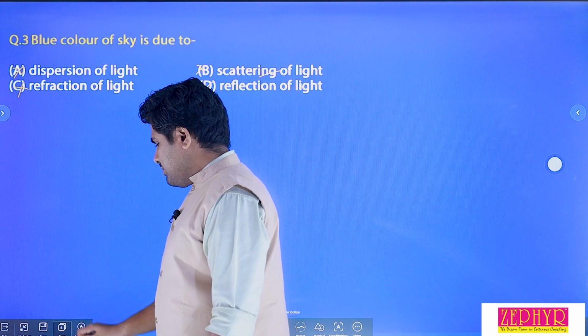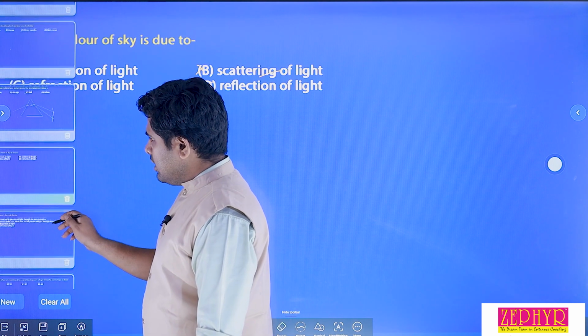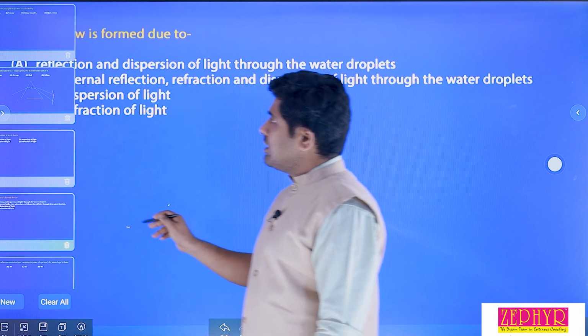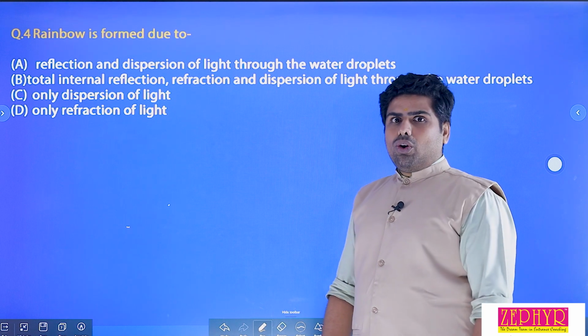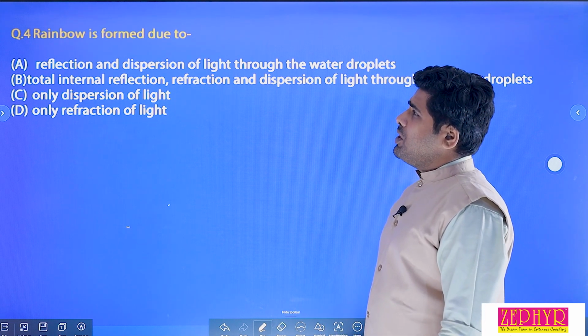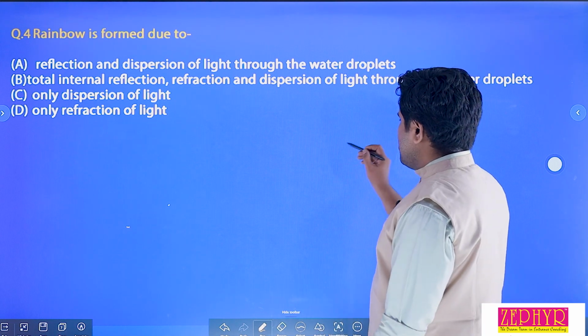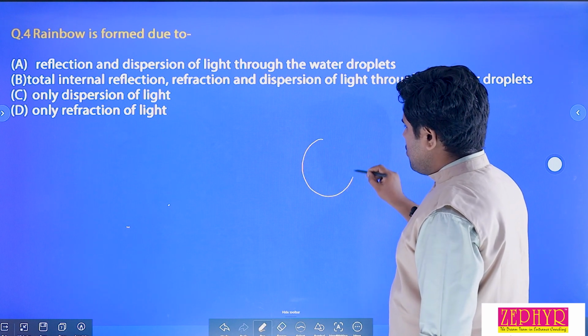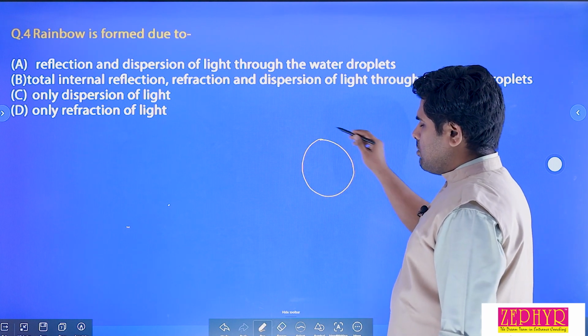Okay, then the next question is related to the rainbow. Rainbow is formed due to. Just consider a water droplet present in the atmosphere.